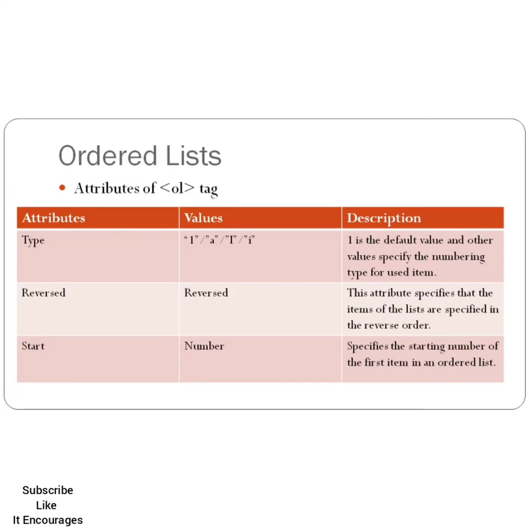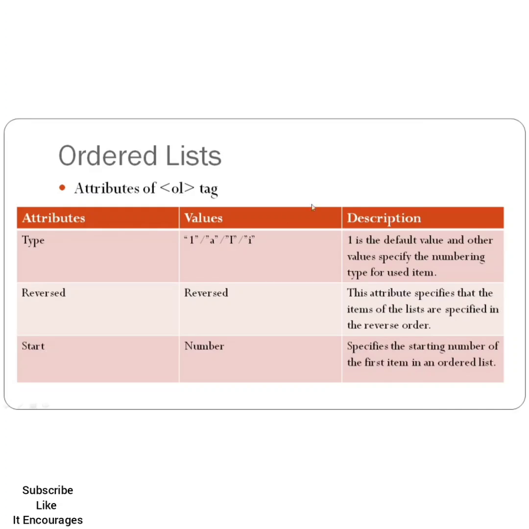Now the attributes of OL tag. The first one is type. Whenever we specify the type value as 1, then the list will be numbered in the form of 1, 2, 3, 4. That is in the form of numbers. In case we specify the type in small alphabet, then it will be represented in lowercase alphabets.